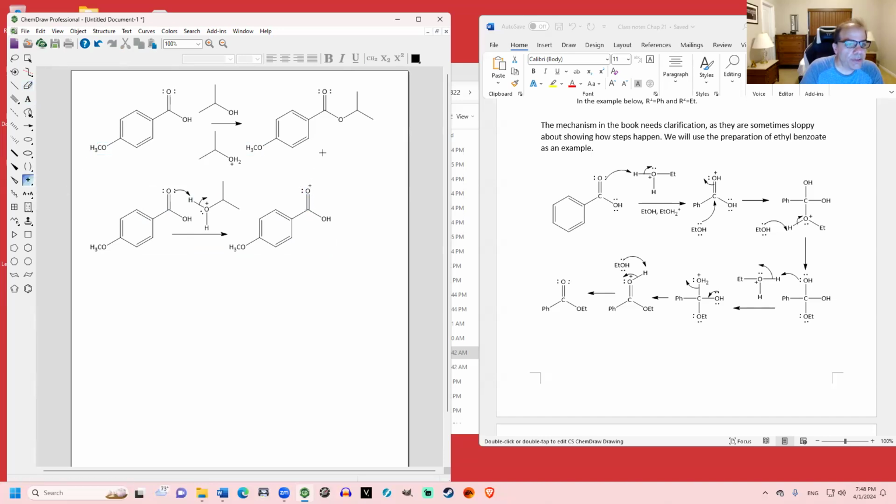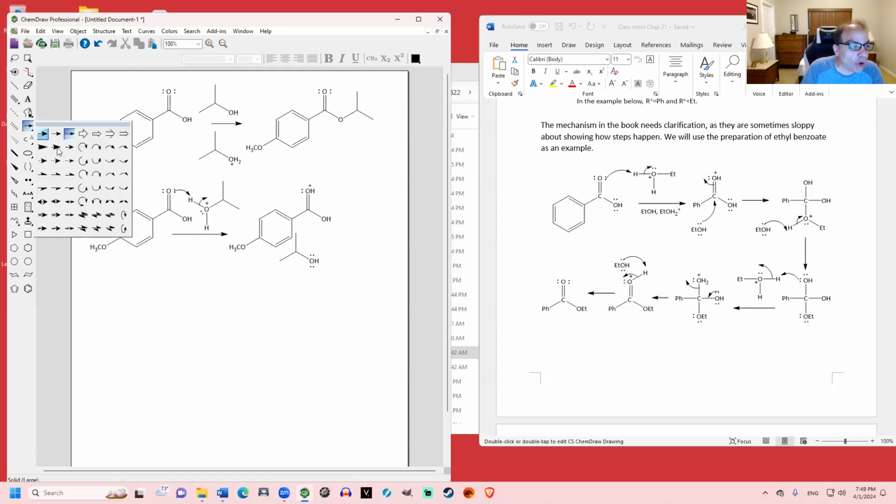And that gives you this intermediate. And then comes nucleophilic attack of the alcohol onto that very electron-poor carbon. That carbon is now so electron-poor that even a mediocre nucleophile like an alcohol is good enough to attack that carbon.